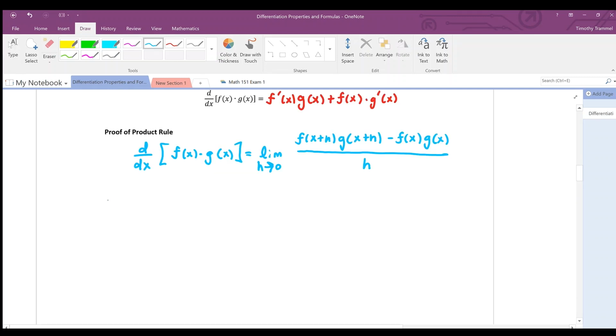I'm going to write my equal sign a little bit further back here. I usually like to keep my equal signs in line so it's easy to see one step to the next. But here it's going to be a little bit longer, so I'm making myself some room. And so far everything looks the same. Right, and here's the trick. We are going to subtract f of x plus h times g of x, and then we're going to add that same thing.